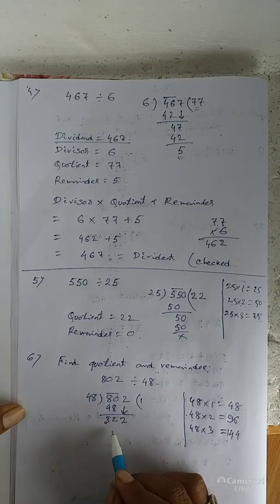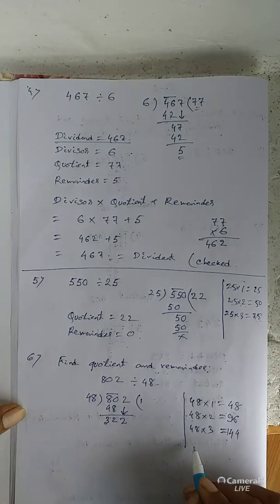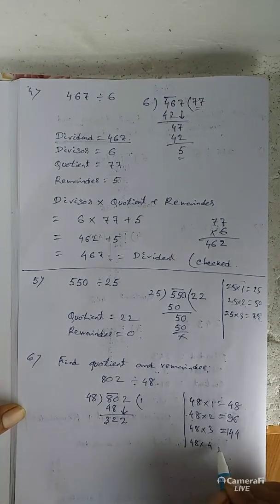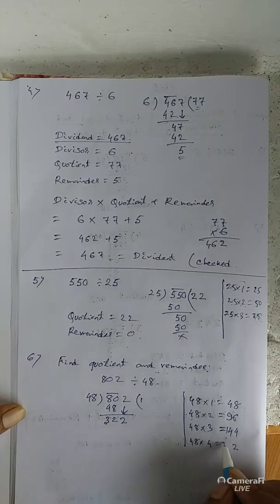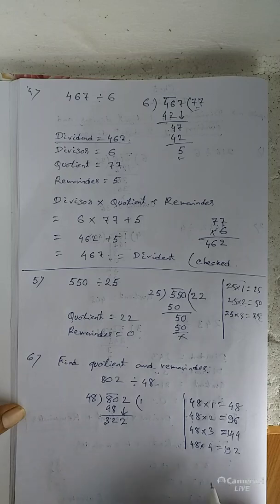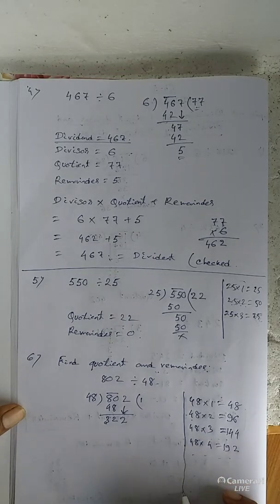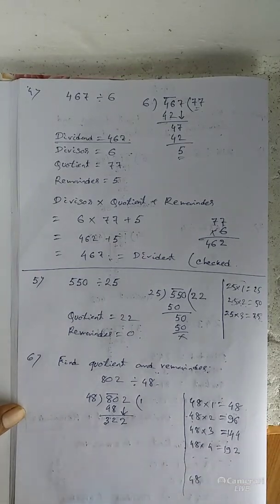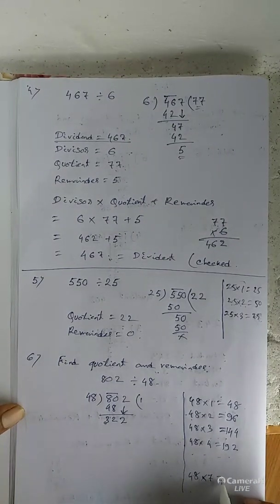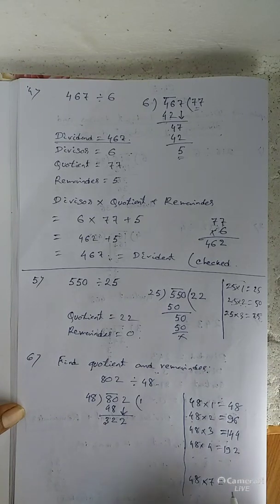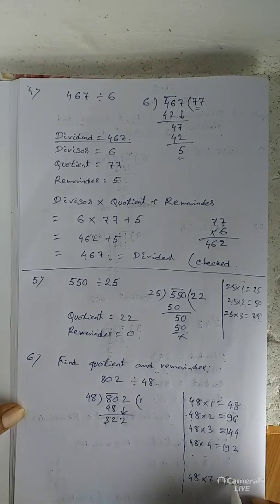Okay, we have to go on until we cross 322. Now 48 times 4: 4 times 8 is 32, 3 carry, 4 times 4 is 16 plus 3 is 19, so 192. In this way we will proceed. Let us guess 48 by 7. 7 times 8 is 56, 5 carry, 7 times 4 is 28 plus 5 is 33, so 336.